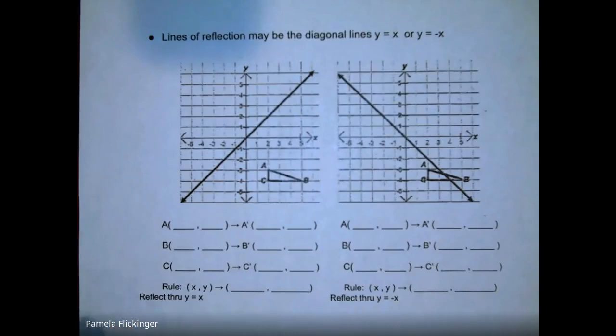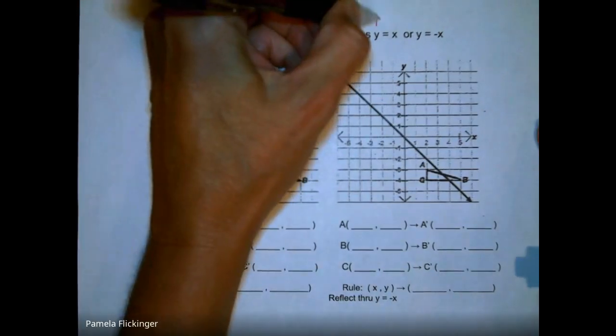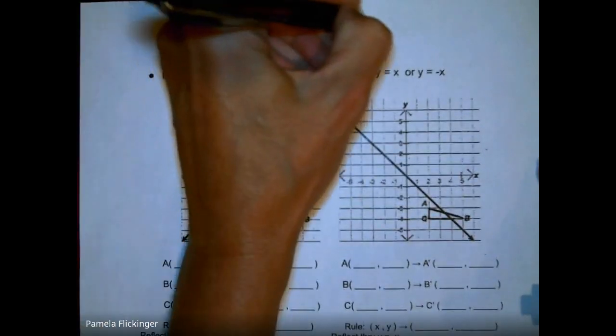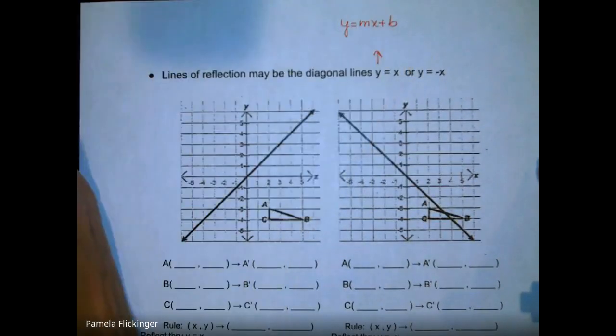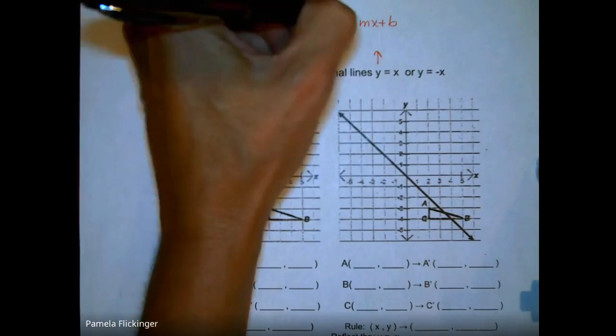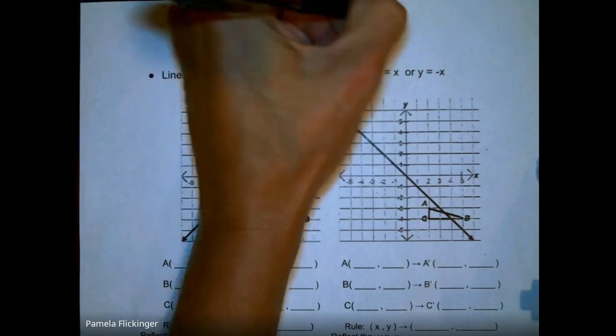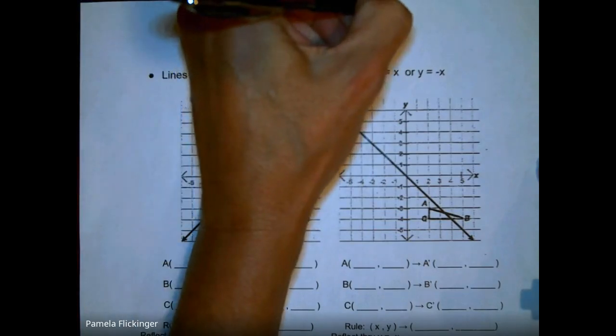Okay. And then the last type of lines that we can reflect over are our diagonals. And the only 2 diagonals that we are going to specifically look at is y equals x and y equals negative x. Now, let's just review y equals mx plus b. Hopefully you remember that m is your slope and b is the y-intercept.